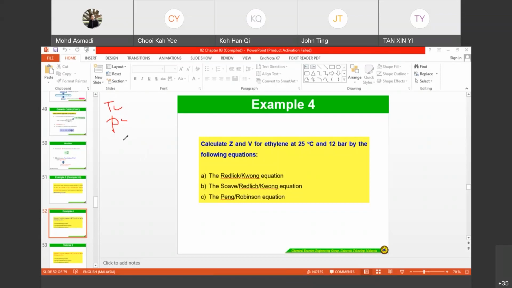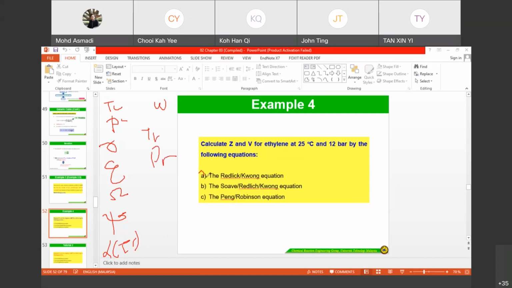And from Table 3.1, you can get sigma, epsilon, and alpha TR. Do not forget to find the omega from Appendix B and calculate TR as well as PR. Okay, TR and PR.